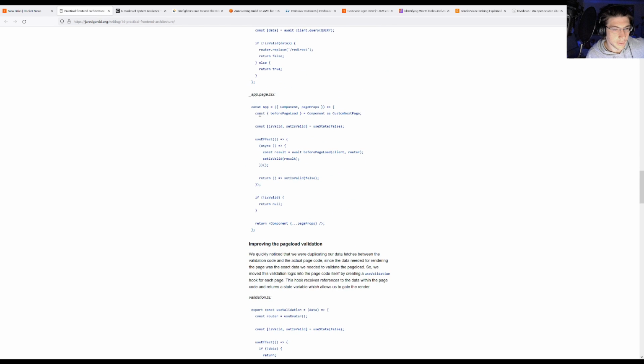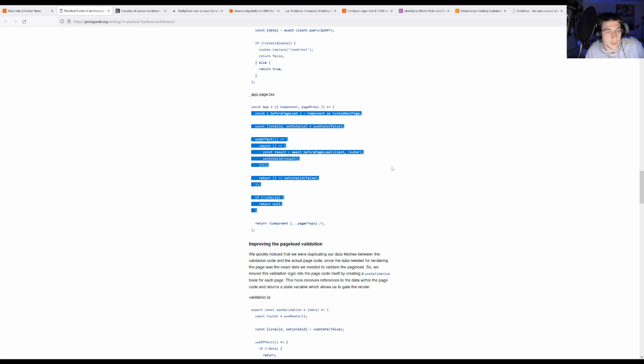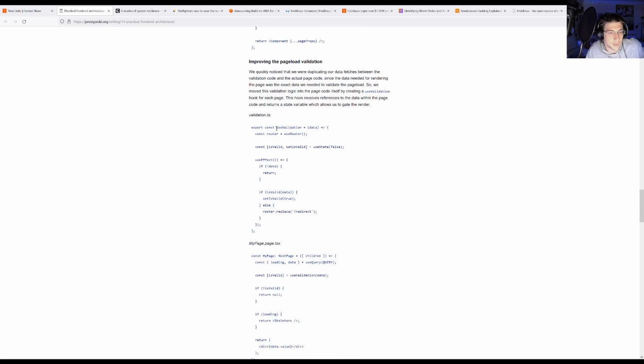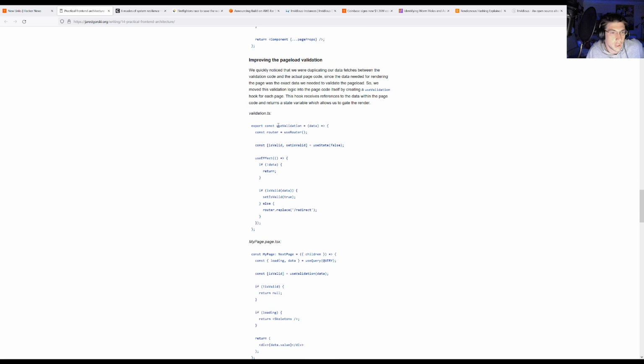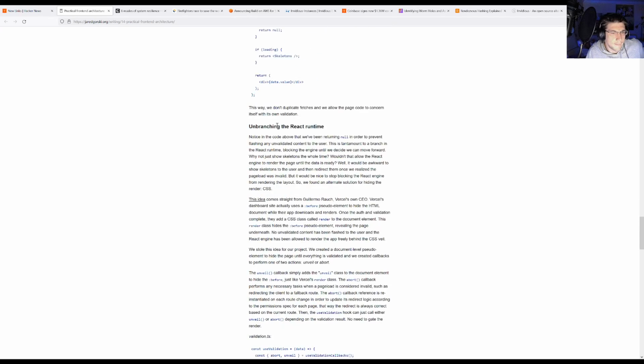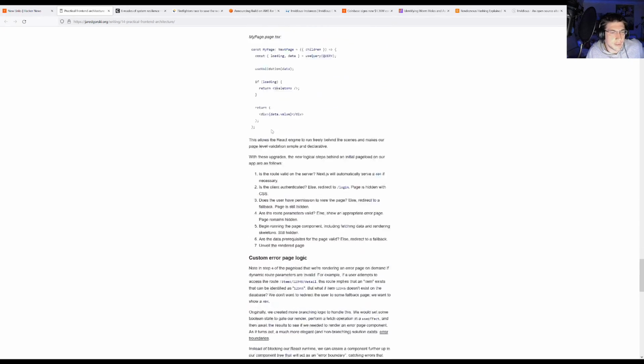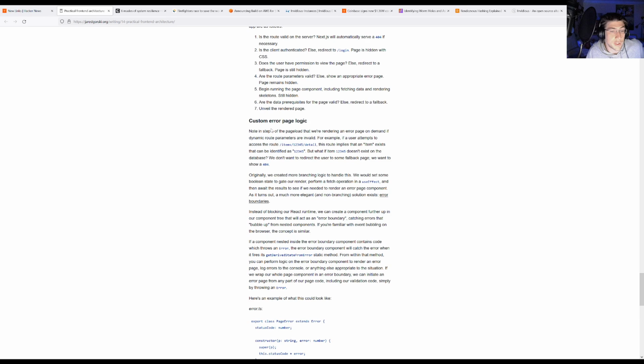Okay, what is this? Const app. So this is the main app component. Return component. This is the visual part, the HTML part, and this is all the JavaScript and the logic, the functions. That's how React works, pretty much. Unbranching the React runtime, custom error page logic. Wow.